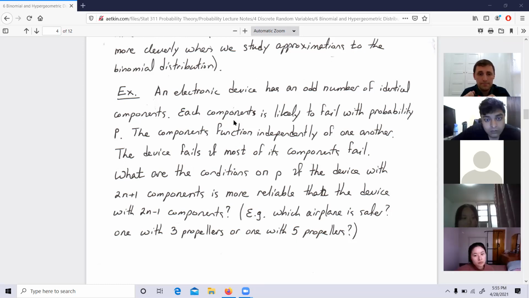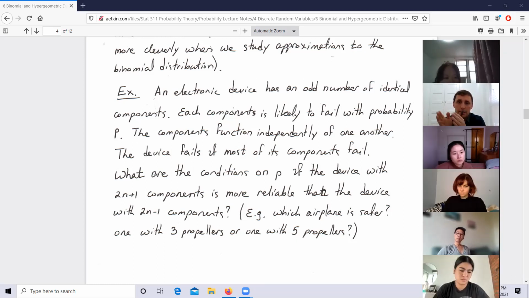That's the assumption. It's an odd number, so either less than half of the components function or more than half function. Under which conditions on the probability P should I have more components as opposed to fewer? What do you think?